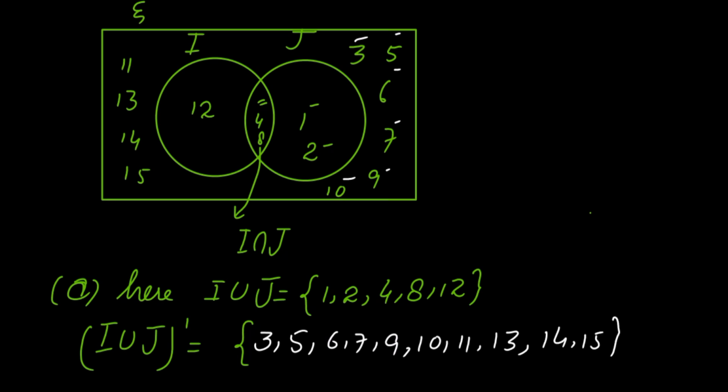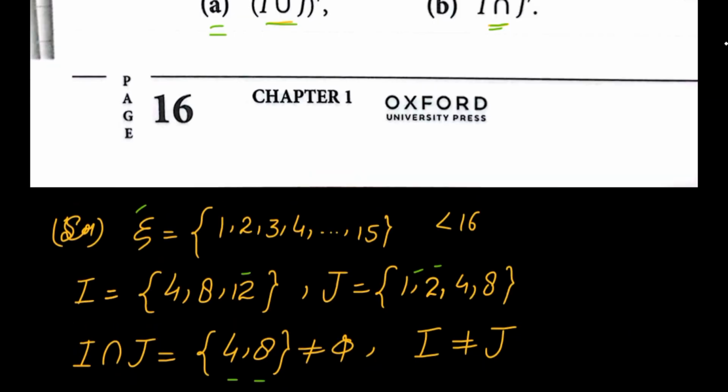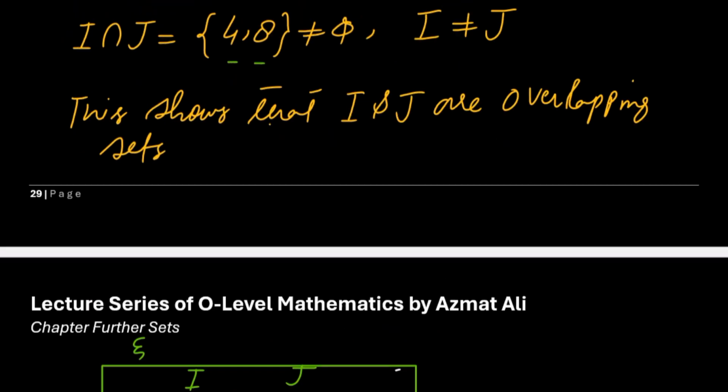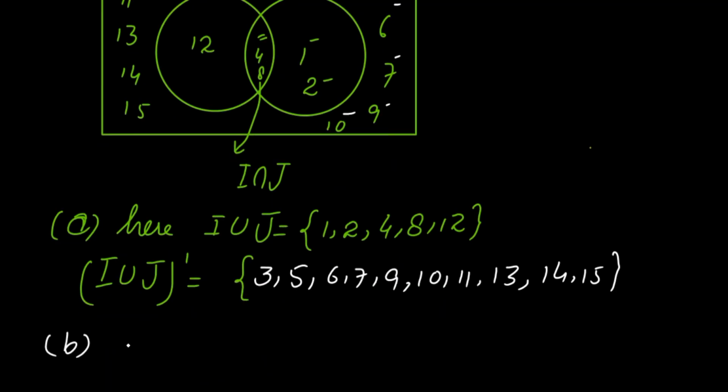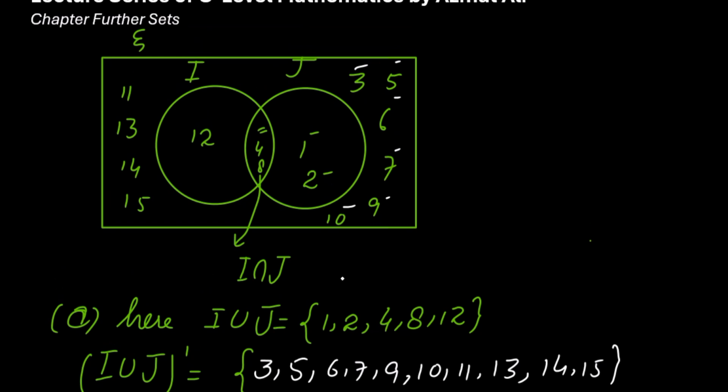Next, in the second part we need to find I intersection j complement. J complement are the elements outside the j.